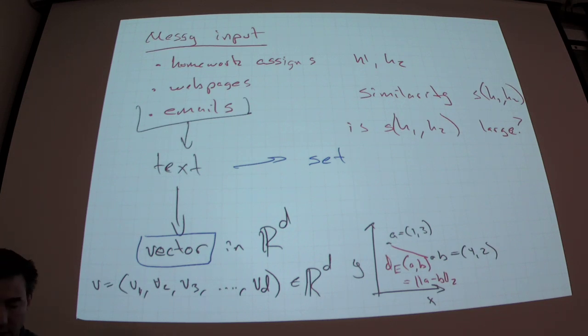Right? So the set is a little bit messier notion to think of, but any set is going to be an object S in some sort of domain.